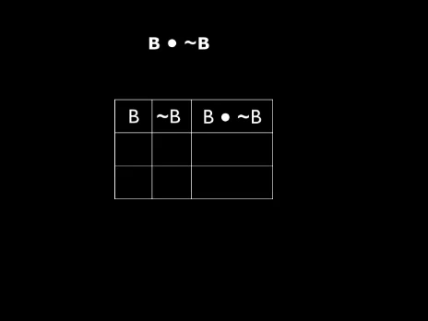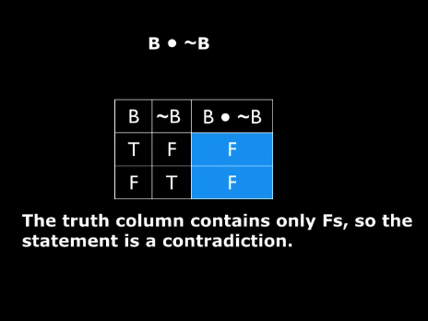If B is true, not B is going to be false. And if not B is true, B is going to be false because they're opposite. So there's no way you could get both of those conjuncts true at the same time. That statement's always going to be false. If we do a truth table, it'll look like this. Let's look at the truth column. It contains only F's, so the statement is a contradiction.